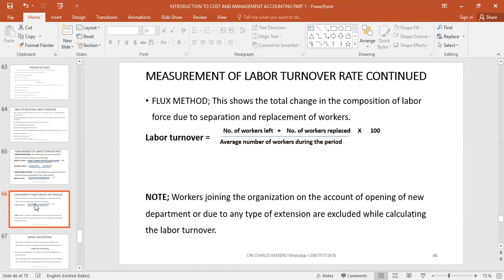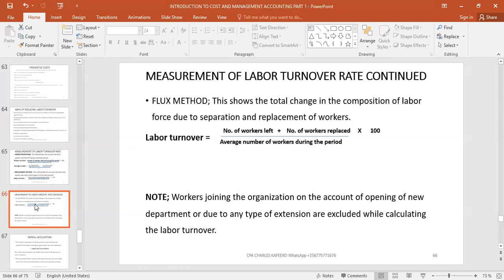So the labor turnover using the flux method will be the number of workers who left the organization plus the number of workers who replaced those who left, over the average number of workers during the period, multiplied by 100, because we are computing it annually in a percentage format.